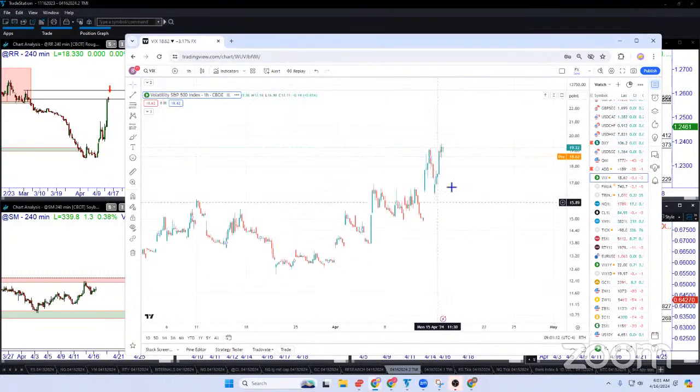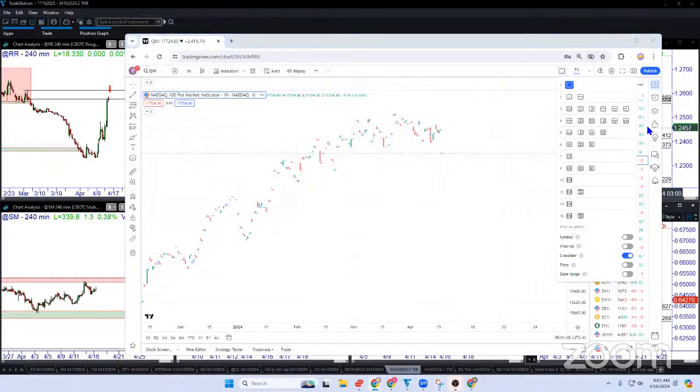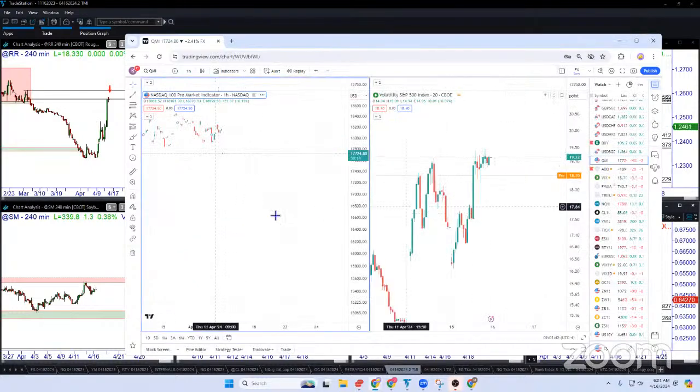Earlier we saw the VIX was lower, implying that some of the fear had left the market. Pre-market indicator, ooh, big gap down. So as we are putting things together this morning, it appears that there's still going to be some more selling.